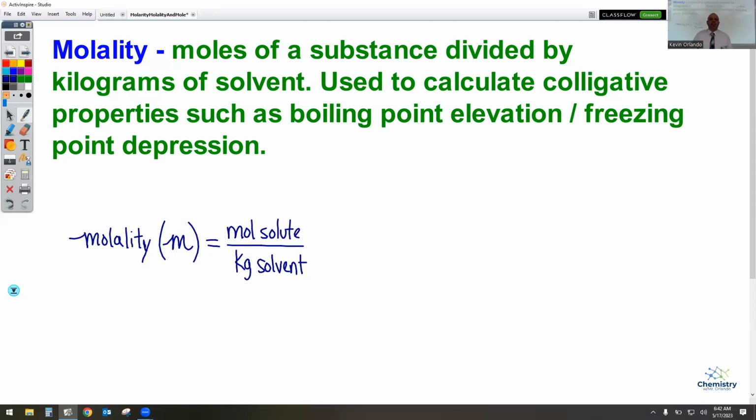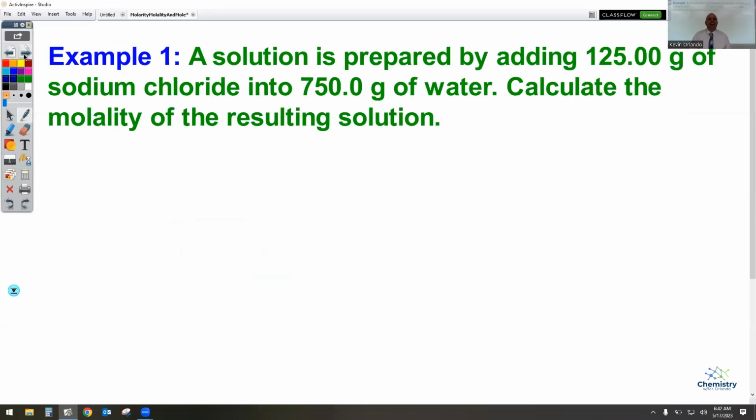We use molality in a lot of freezing point depression and boiling point elevation problems where we're concerned with the amount of solvent that's being used and not, like molarity offers us, the liters of solution. So let's take a look at how we might solve a molality problem.